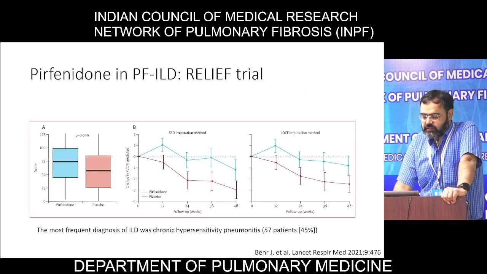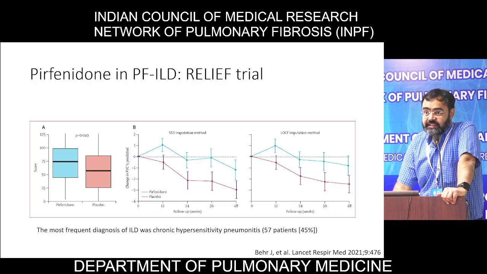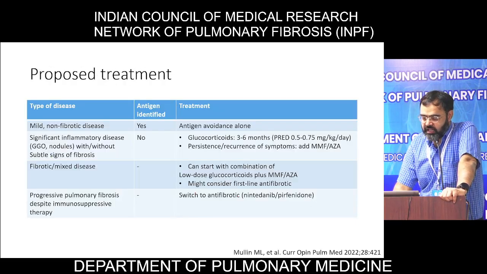Similar was the case with pirfenidone, but the pirfenidone trial was a shorter trial. It had to be reduced in duration, and finally significant results didn't come out with pirfenidone, but the trends were similar with nintedanib. So the first choice would be nintedanib as an antifibrotic in HP, but if somebody is not tolerating and you need an antifibrotic, then pirfenidone may not be a bad choice.